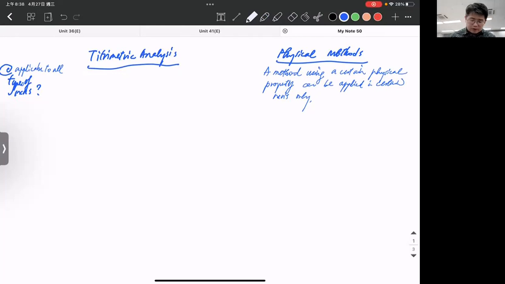So how about titrimetric analysis? It can be applied to most reactions as long as you know the concentration of which chemicals should be considered. You may simply start from this.